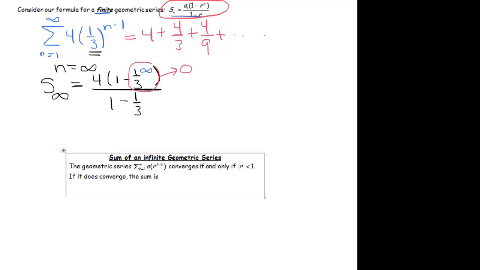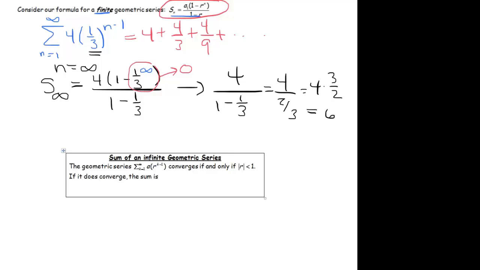So the numerator goes to 4 times 1 minus 0, which is 4 times 1, divided by 1 minus 1/3. That's just 4 divided by 2/3, or 4 times 3/2, the reciprocal. That's 4 times 3 divided by 2, which is 6.